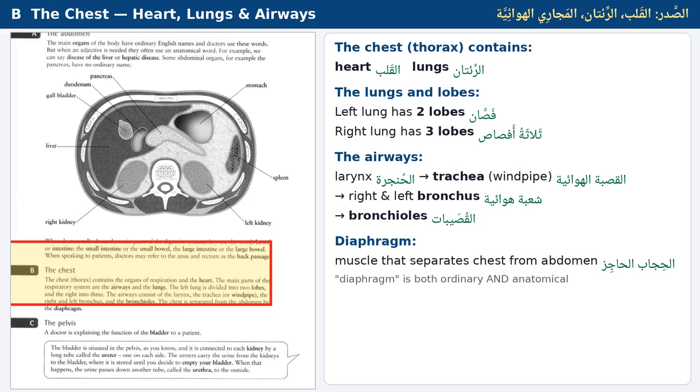Then the trachea divides into 2 tubes, the right bronchus and the left bronchus, شعبتان هوائيتان. Then these divide into smaller tubes called bronchioles, القصيبات. Finally, the textbook says the chest is separated from the abdomen by the diaphragm, al-hijab al-hajiz. The diaphragm is a strong muscle that moves when you breathe. The word diaphragm is the same in ordinary English and anatomical language.